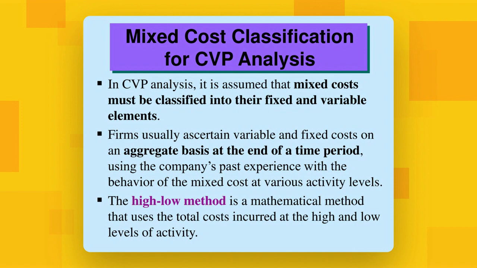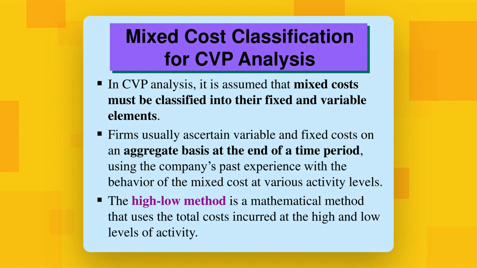Alright. Firms usually ascertain the variable and fixed portions on an aggregate basis or at the end of the time period, using the company's past experience with the behavior of the mixed cost in terms of the activity level.